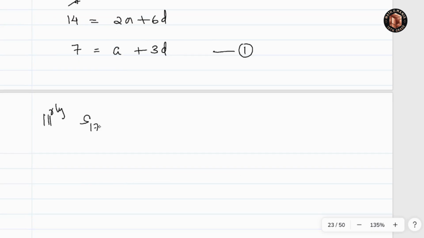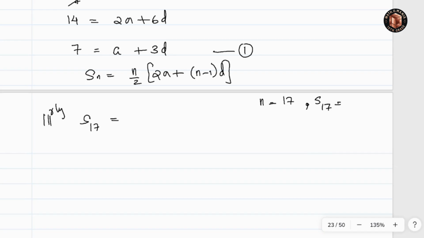So S17 equals, our equation is Sn equals n by 2 into 2a plus n minus 1 into d. In this equation, let us substitute these values here. n equals 17. And S17 is given as how much? 289. Right?